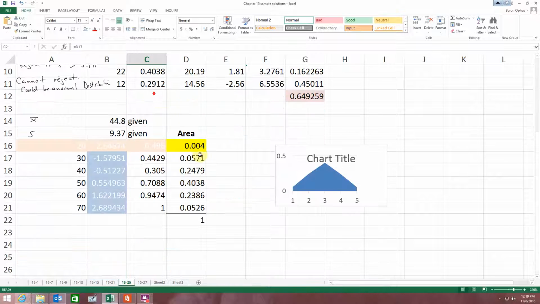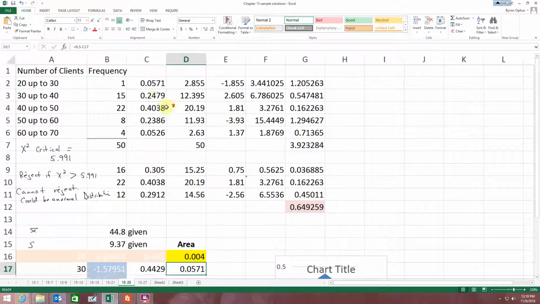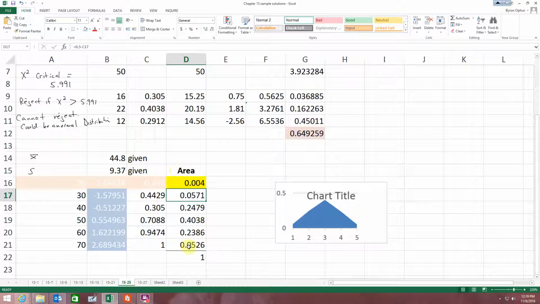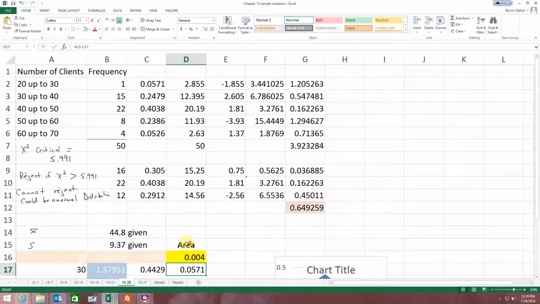Then I just pick up these numbers. So I said that this is equal to this one, and you can see my numbers all correspond down here. Then I take that number and I multiply it times my mean, or not my mean, I'm sorry, my sample size.